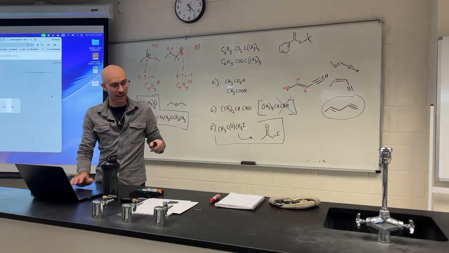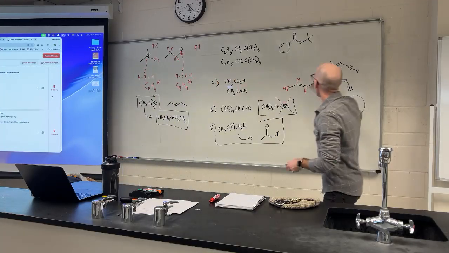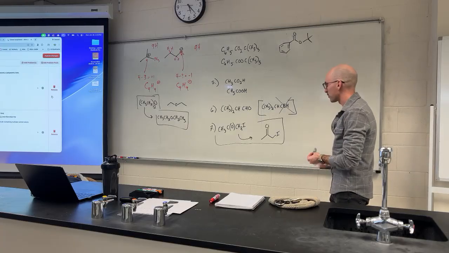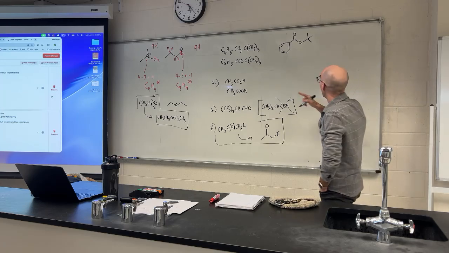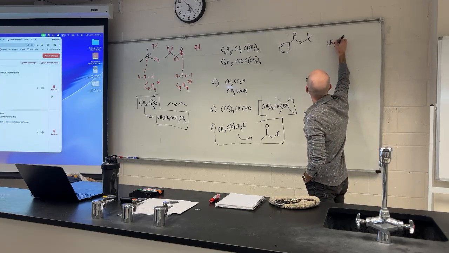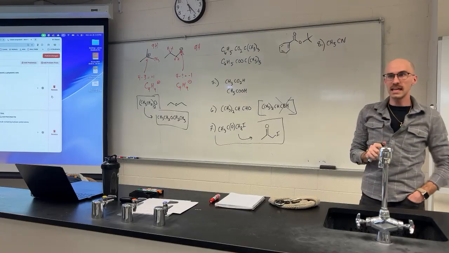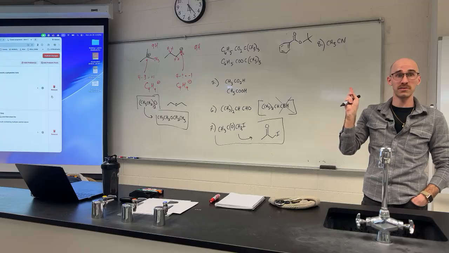Okay, and then the last one, number 8, I actually put on there as a way of showing you that not everything is always best represented in bond line structure. So the condensed molecular formula for 8, CH3CN. Great. That's how most people represent it.